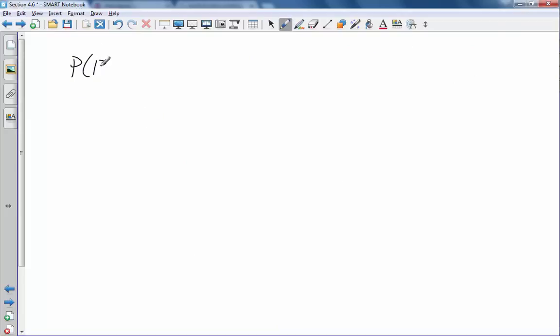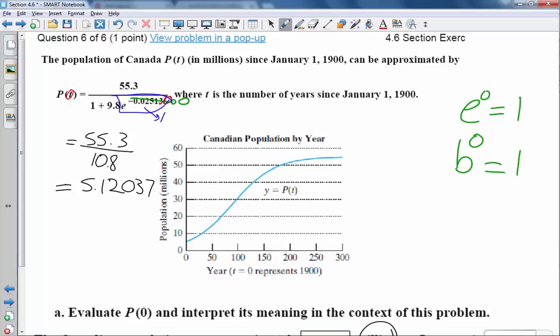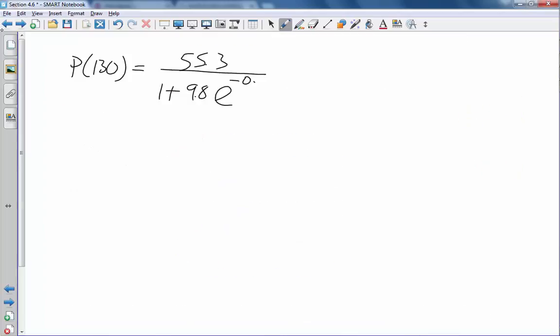Q of 130 equals 55.3 over 1 plus 9.8 e to the minus 0.02513 times how many years passed? Again, 130. Alright, this is what we need to enter.